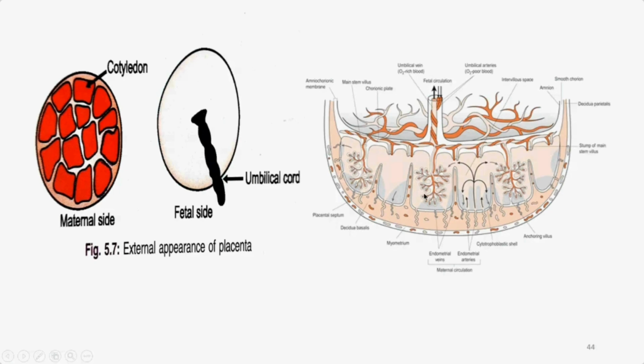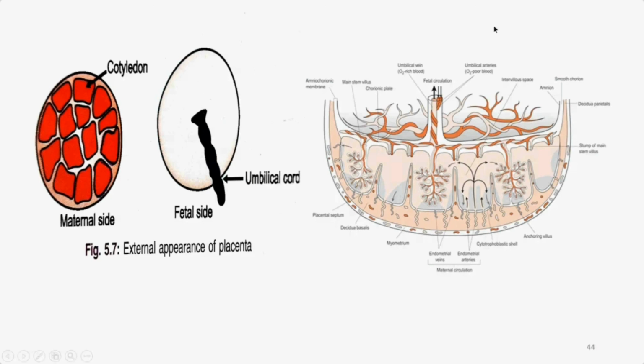So what happens? First there is a diffusion between the intervillous space, the lacuna, and the villi. The thickness of this placental membrane is around 0.5 mm, and as the embryo develops it reduces to 0.025 mm.